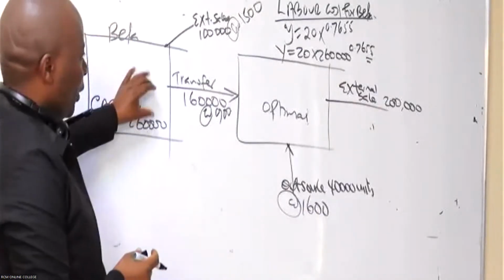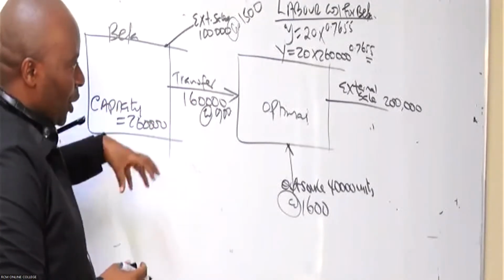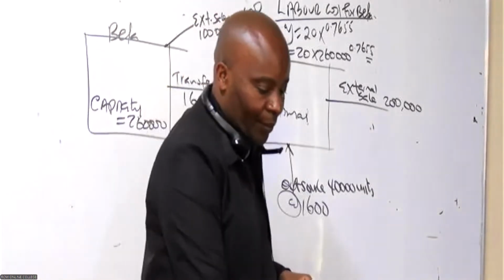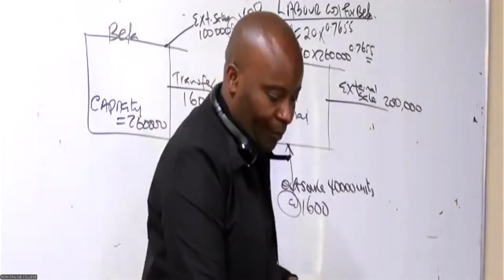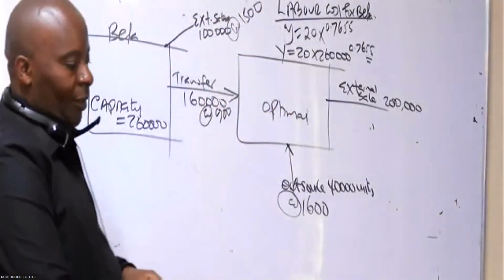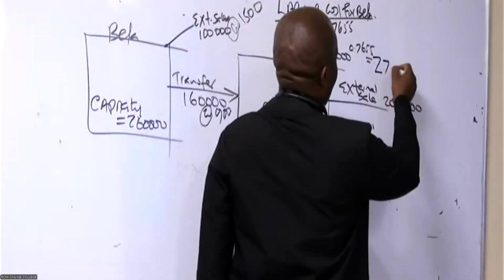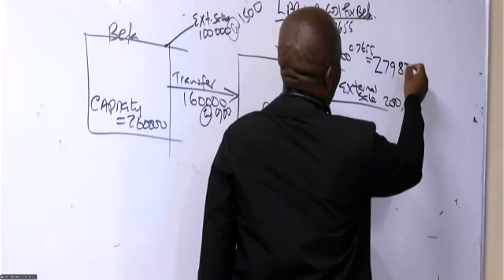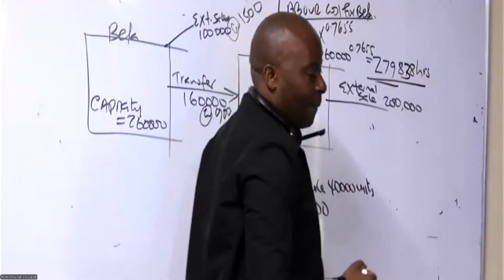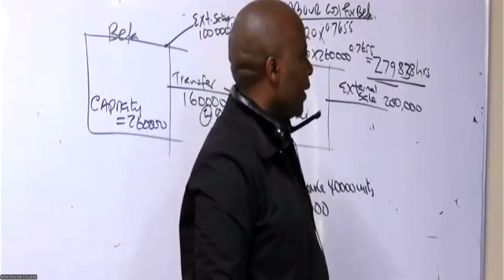Because you see, in total, whether you're transferring outside or internally, in total we have to make 260,000 units. 279,378. And remember, these are hours.